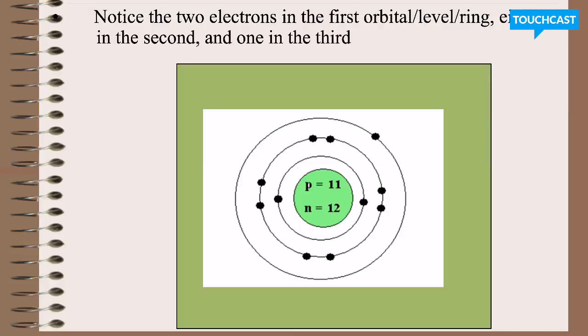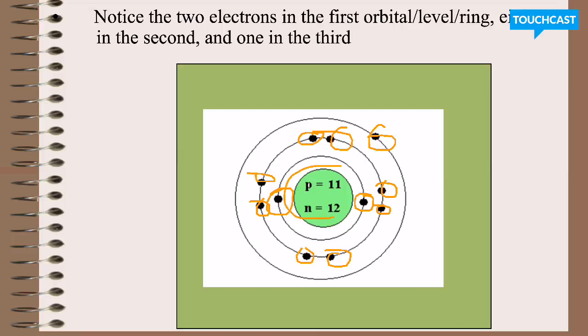All right, let's look at our last example here. I have 11 protons and I have 12 neutrons. So if I have 11 protons, that should mean I have 11 electrons too. So let's count them: 1, 2, 3, 4, 5, 6, 7, 8, 9, 10, 11. So I have 11 protons, 11 electrons. Okay.